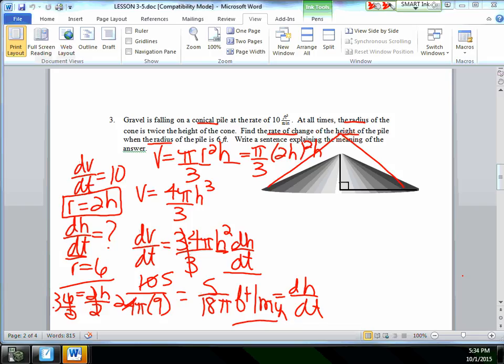So how I explain this, I say the rate at which the height is changing is 5 over 18 pi feet per minute. So the height is growing, increasing. You need to say that word because that acknowledges the positive part of it. So the height is growing at a rate of that fraction feet per minute.